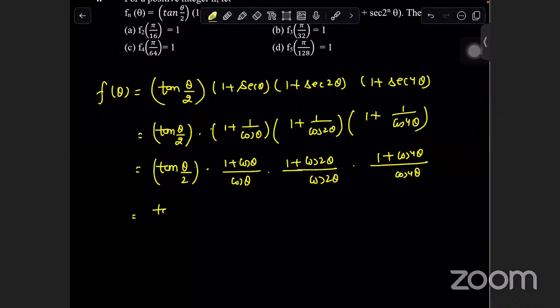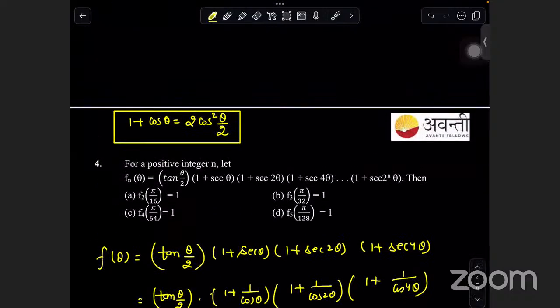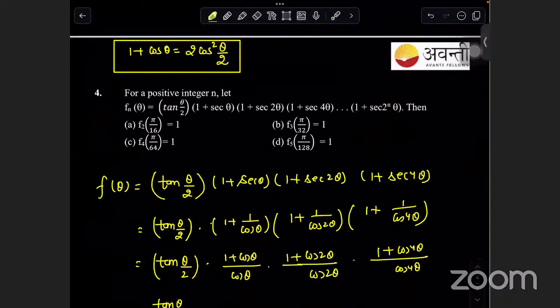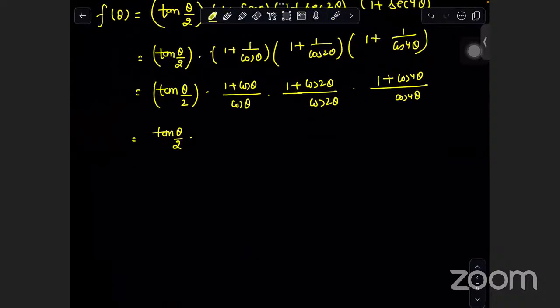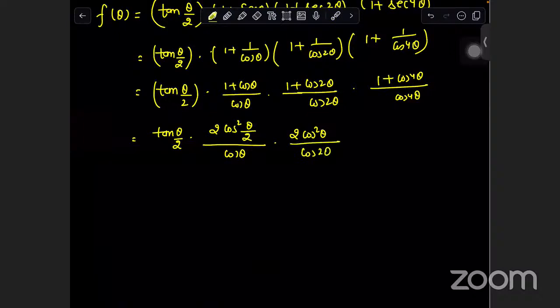Now, tan(theta/2) into, see, the formula for 1 plus cos theta is 2 cos squared (theta/2). So 1 plus cos theta is 2 cos squared (theta/2) upon cos theta. Now 1 plus cos 2 theta will become 2 cos squared theta upon cos 2 theta.